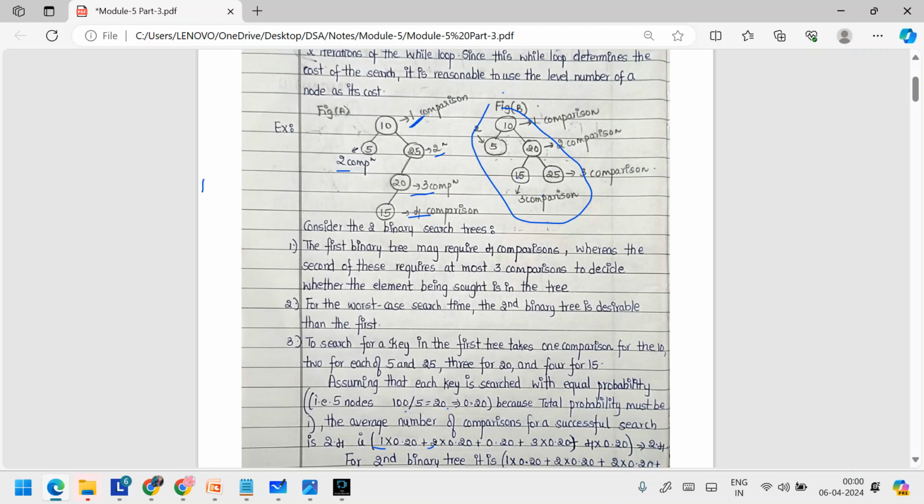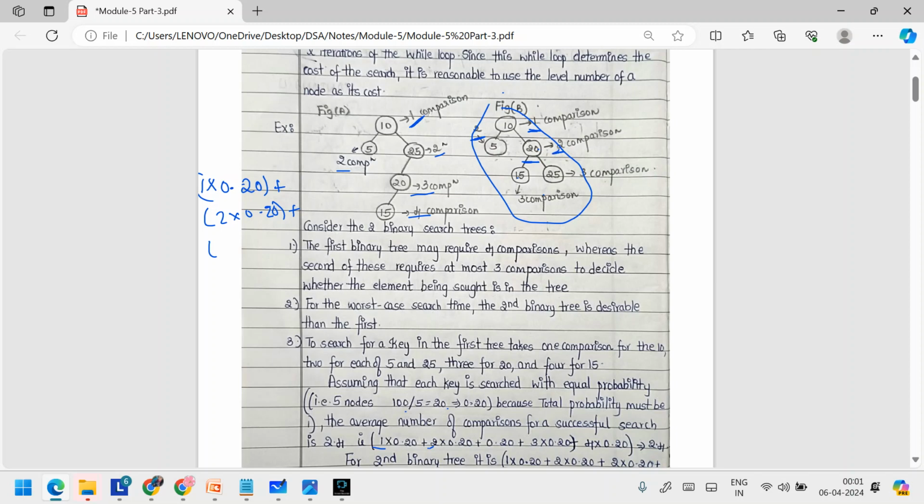Remember, 10 has comparison 1, so it is 1 times 0.20, plus, come here, this is 5. 5 has 2 comparisons, so it is 2 into 0.20, plus, we will do it for this one, 20.